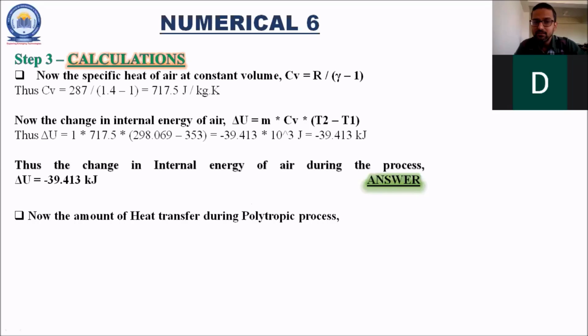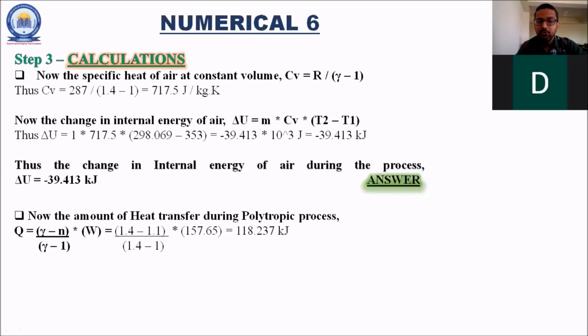Now the fourth parameter, the amount of heat transferred during the polytropic process. So we are using this equation: Q is equal to (gamma minus n) upon (gamma minus 1) into W. Or you can use another equation, the first law of thermodynamics, Q is equal to delta U plus W. Both these equations will give the same answer.